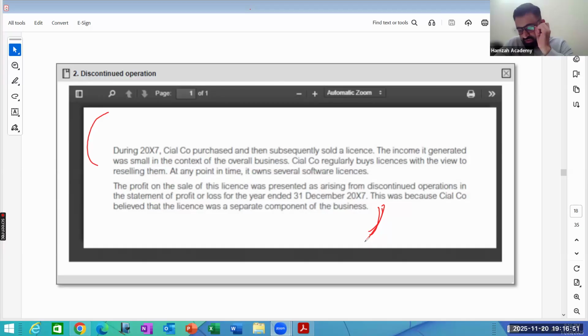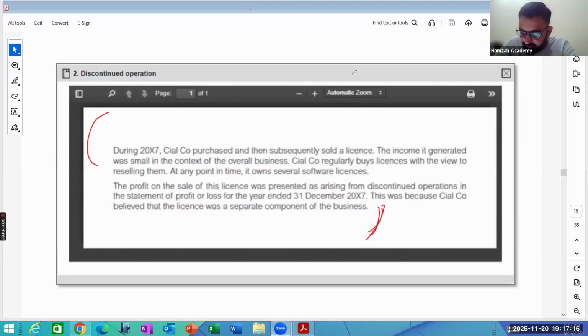So the summary is that C company purchased and then subsequently sold a license. The income generated was small in the context of the overall business. C company regularly buys licenses with a view to reselling them at any point in time.